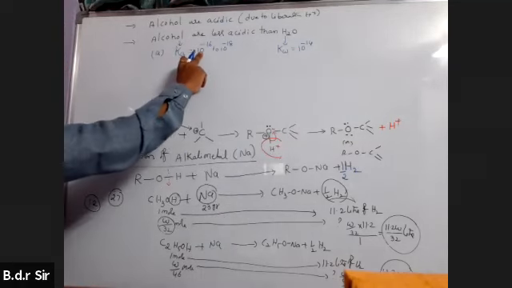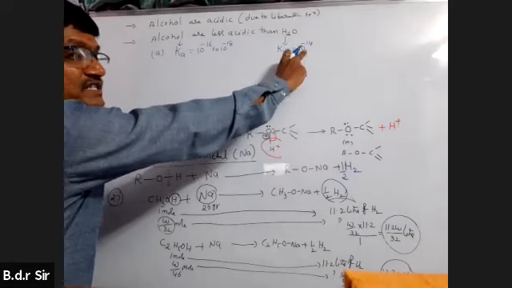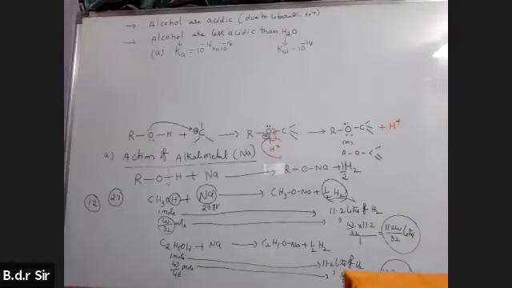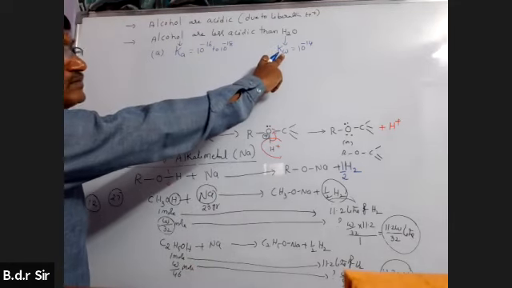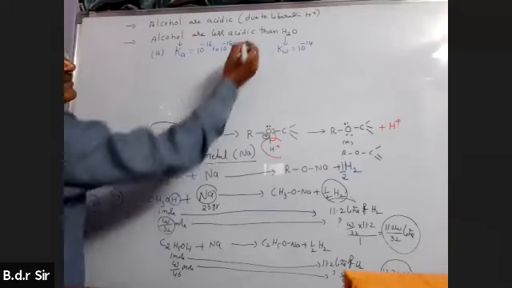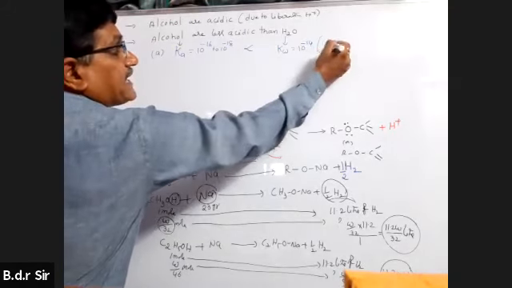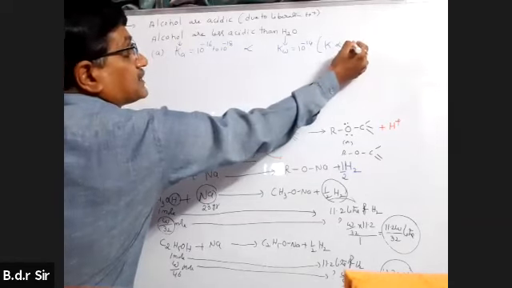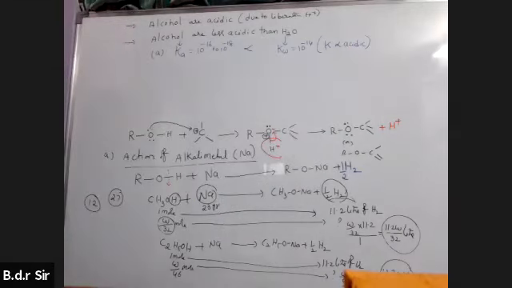Ka value is 10 power minus 16, here 10 power minus 14. Which is more? The water dissociation constant is more. The dissociation constant is directly proportional to acidity.